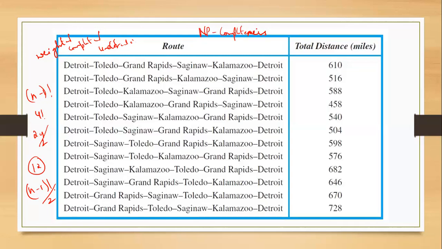When trying to solve the traveling salesman problem, we generally use approximation algorithms. That is, the algorithms don't produce an exact solution, but they produce an approximate solution, close to the correct solution.